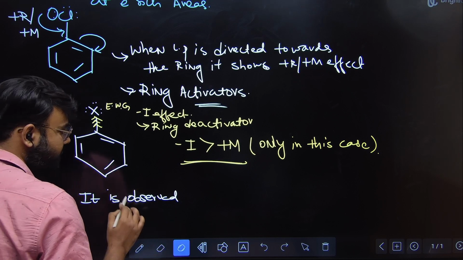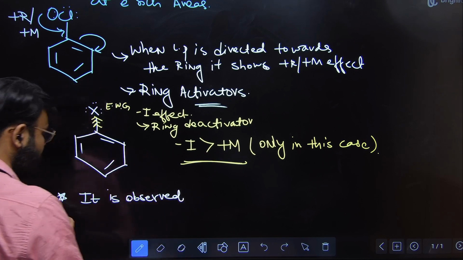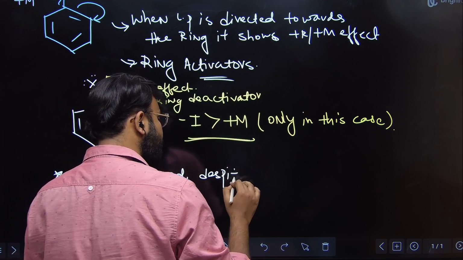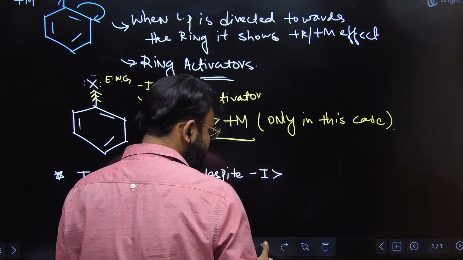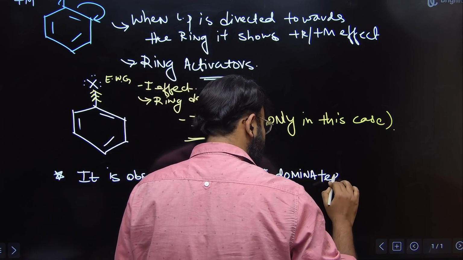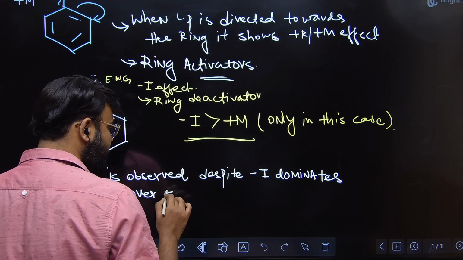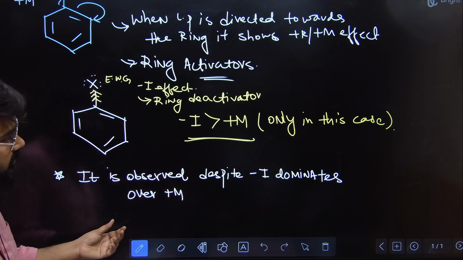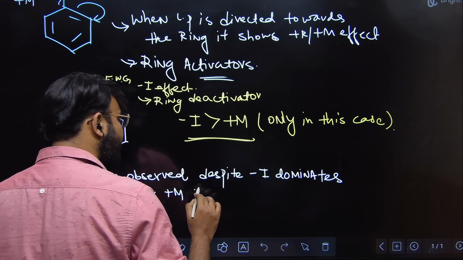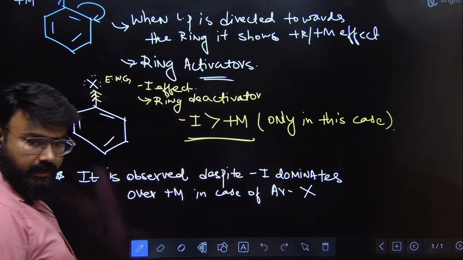It is observed that despite minus I dominating over plus M in case of haloarenes, Ritvik, you're getting it, no, till here?